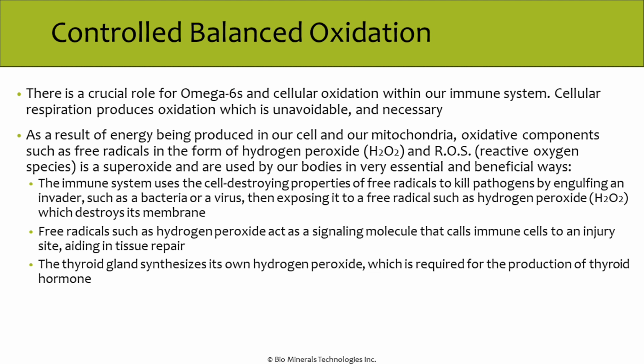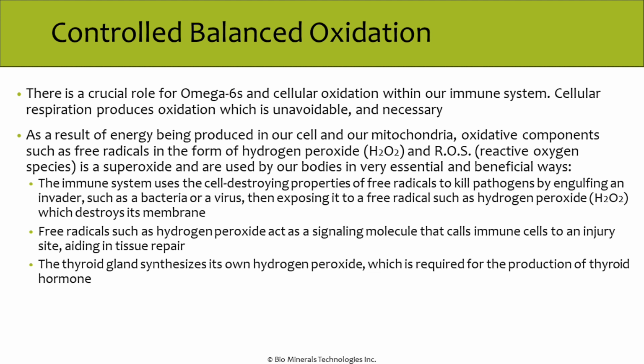The immune system uses the cell-destroying properties of free radicals to kill pathogens by engulfing an invader such as a bacteria or a virus, and then exposing it to a free radical such as hydrogen peroxide, which destroys the membrane of the bacteria or virus.